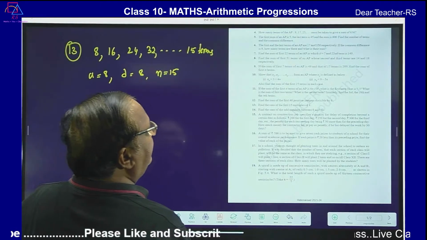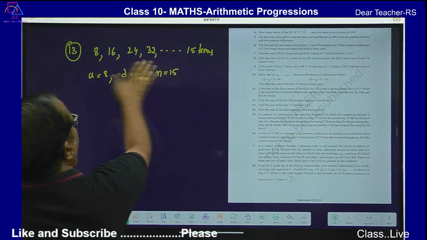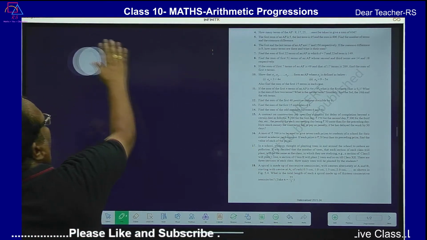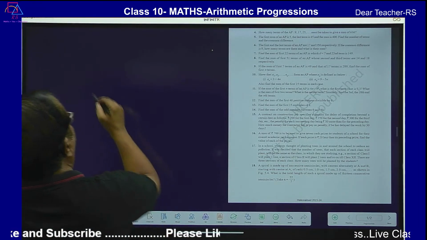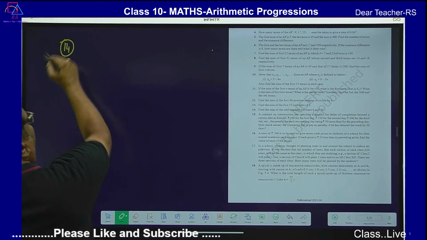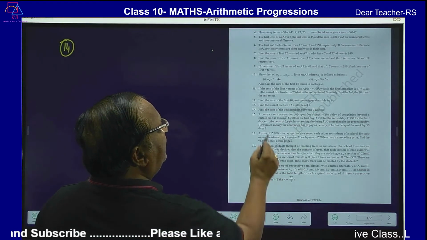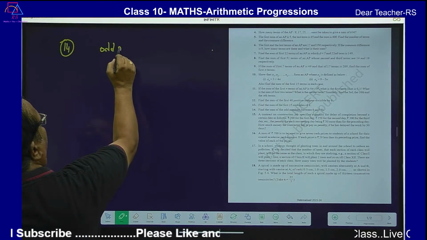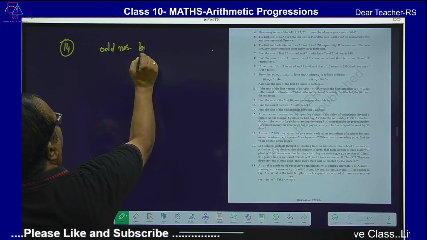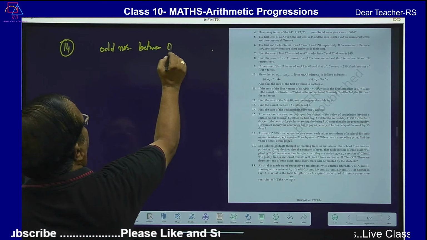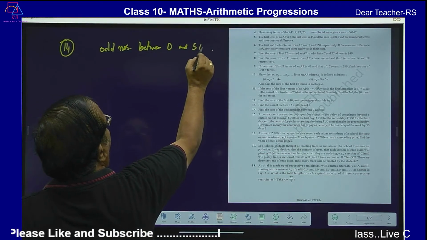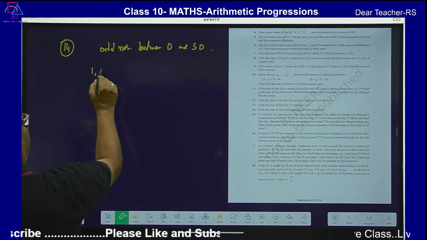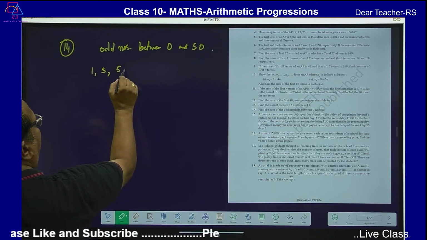So then 14th question. क्या होता है? Find the sum of odd numbers between 0 and 50. Odd numbers between 0 and 50. So the first odd number is 1, 3, 5 and so on.